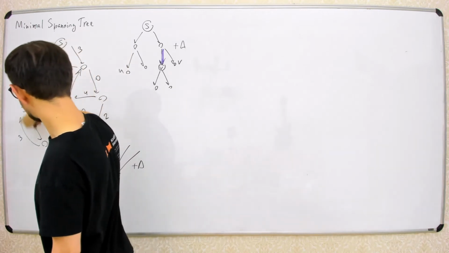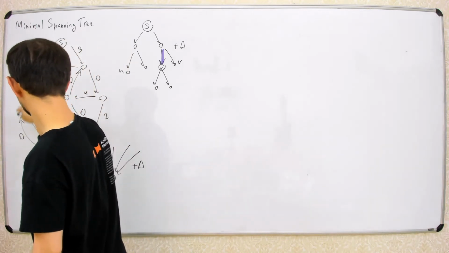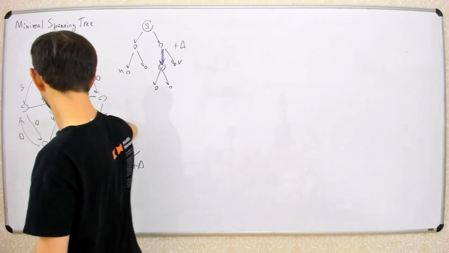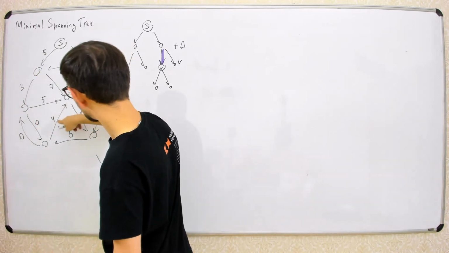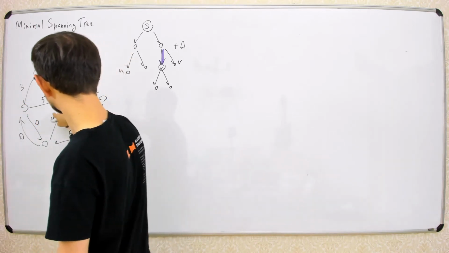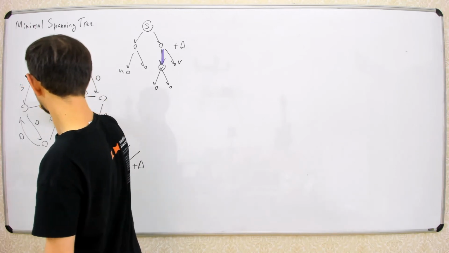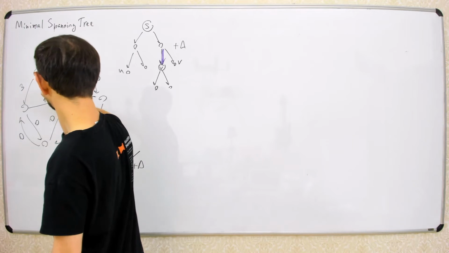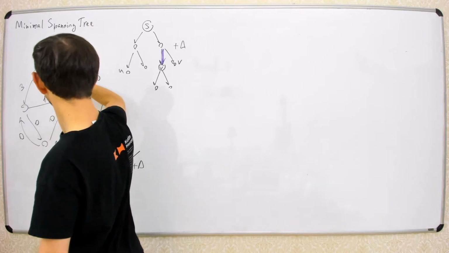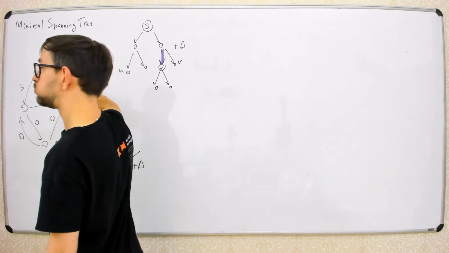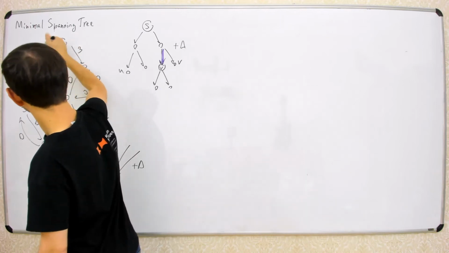Here we have 6 and 3, so we have 0 and 3. Here we have 4, 4, 5, 7. Okay, it will be 0, 0, 1, and 3. And here we have 5 and 8. It will be 0 and 3.